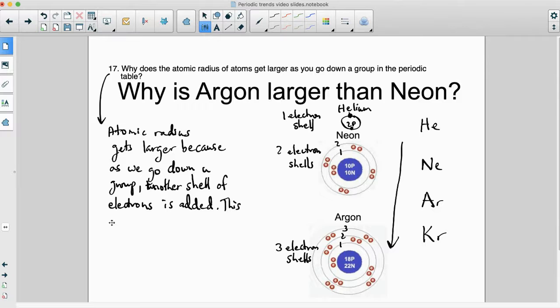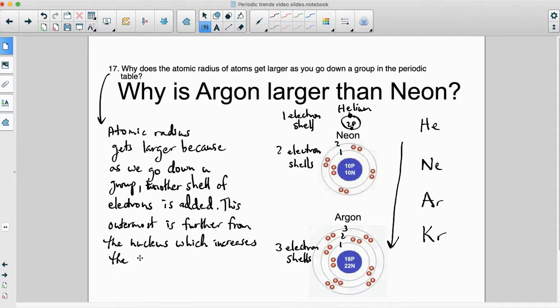This outermost shell is further from the nucleus, which increases the size of the atom.